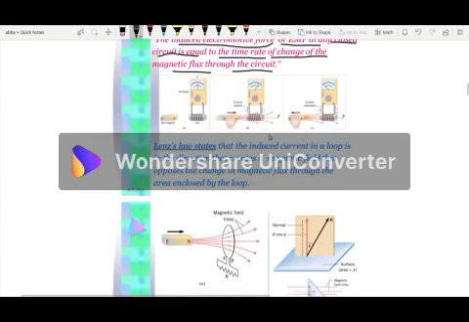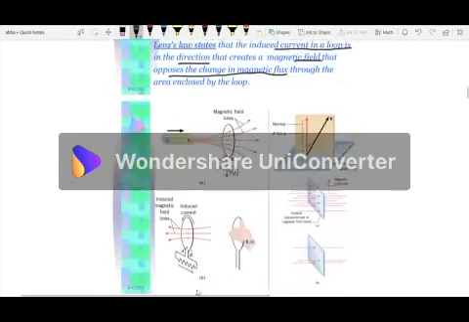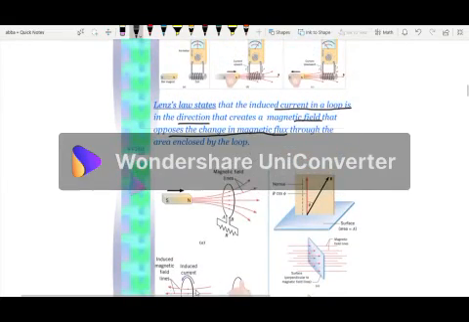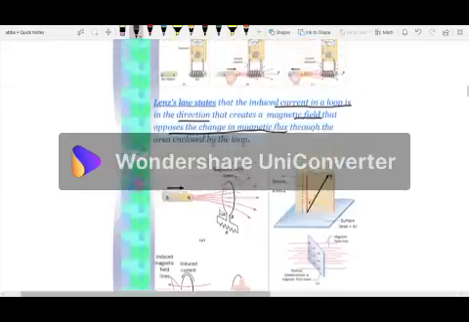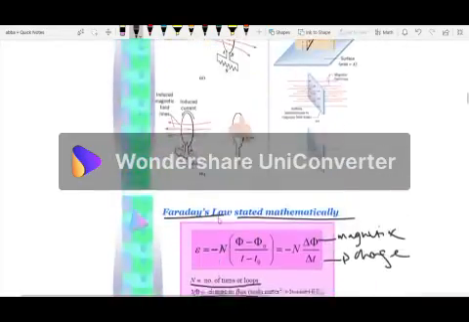Lenz's law states that the induced current in a loop is in the direction that creates a magnetic field that opposes the change in magnetic flux through the area enclosed by the loop, right? So that's basically how you can determine your direction.